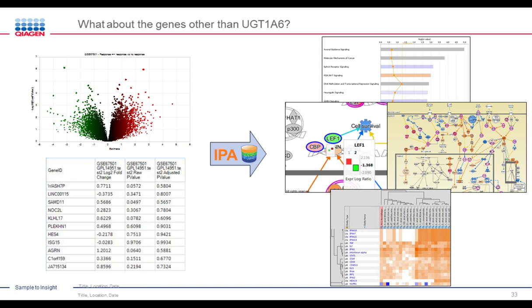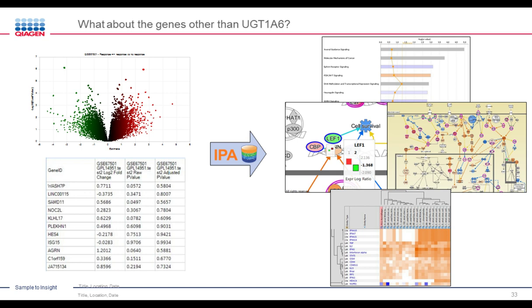And if you look at the bottom of the screen, then you can compare your various data sets, and you can also compare your data set with public data sets, in the sense that you want to know what pathways are active and inhibited across all of these data sets, what diseases and functions are active and inhibited across all of these data sets. So these are the things we are going to do.